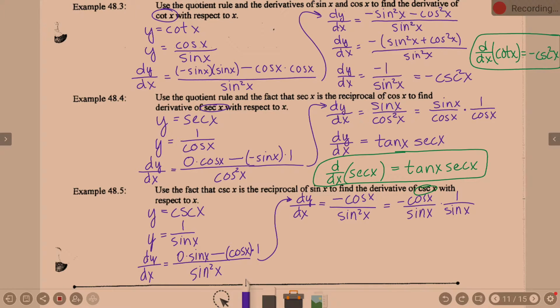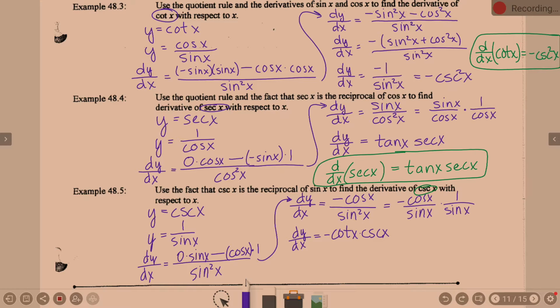So basically just splitting that denominator, splitting the sine x up. And, yep, negative cotangent x cosecant x. I'm glad I didn't waste my time going to answer the phone.